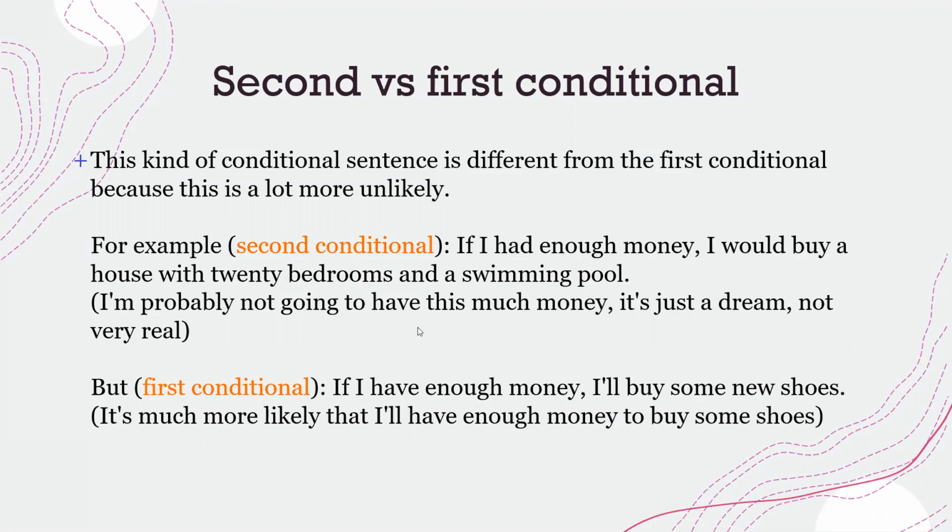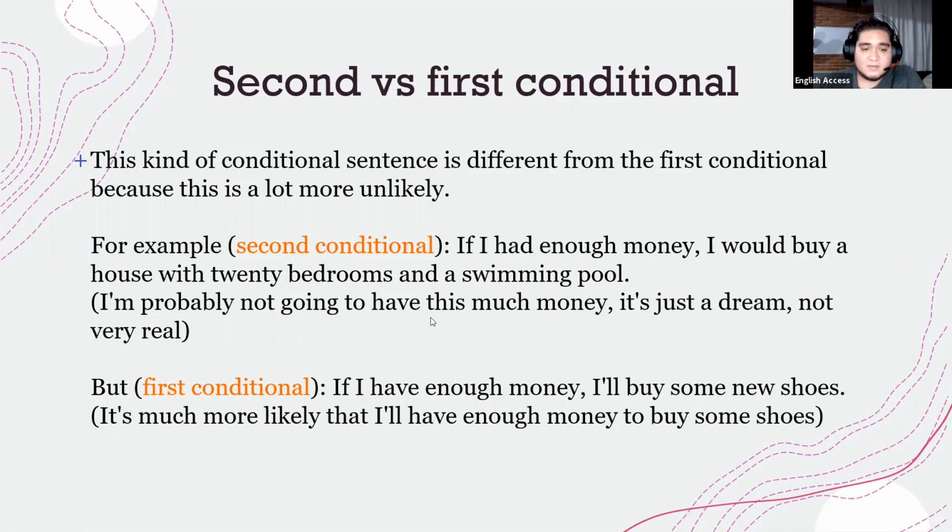Now, this doesn't mean that this is not possible, right? But there is a slight chance that this will happen, but it's tiny. Now, on the opposite, we have the first conditional. Can you help me, please, Ila?